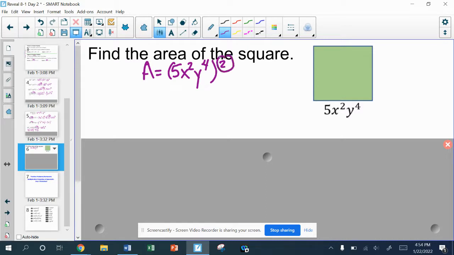So this is going to be 5 squared is going to be 25 x to the 4th y to the 8th. This didn't give us any units, so whatever those units would happen to be, feet or inches or centimeters or miles or whatever, this is going to be square units.